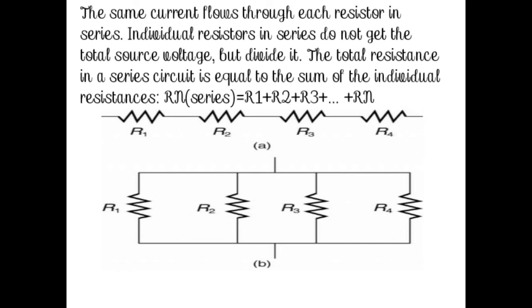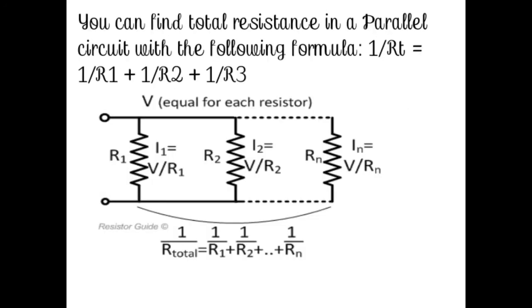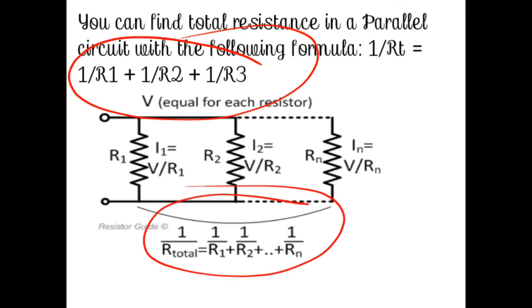This is a series arrangement of resistors, and to calculate the total resistance in a circuit, you can use this formula. We are moving. You can also find the total resistance in a parallel arrangement. For you to find the total resistance in parallel in a certain circuit, you can use this formula or this one here.